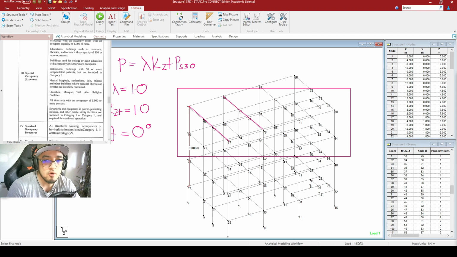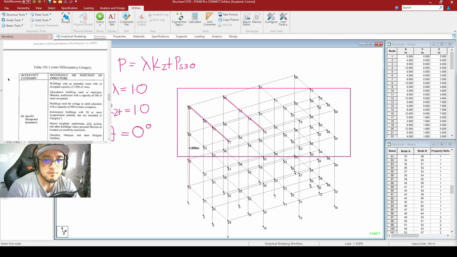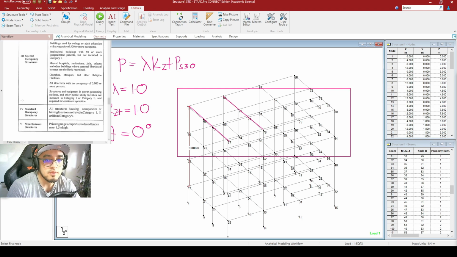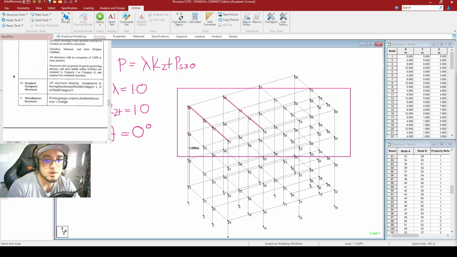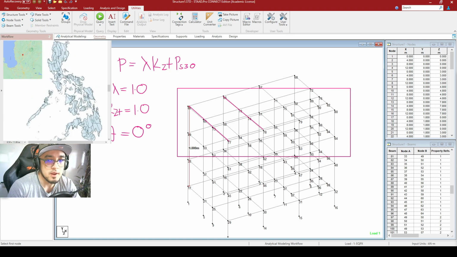And if you go to this table right here, it is said here that for your occupancy category number 4, which is this one in particular, all structures housing occupancy or having functions not listed in category 1, 2, 3, and 5. And since the building that we are designing in this example is a residential building, it belongs to category 4. So we will be making use of this map right here.